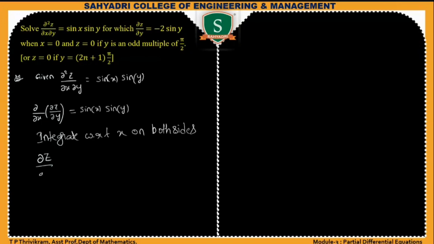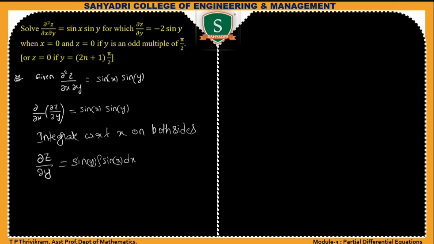Dou z by dou y is equal to, here how much will you get? With respect to x you are integrating, so sin y will be constant, integral sin x dx.